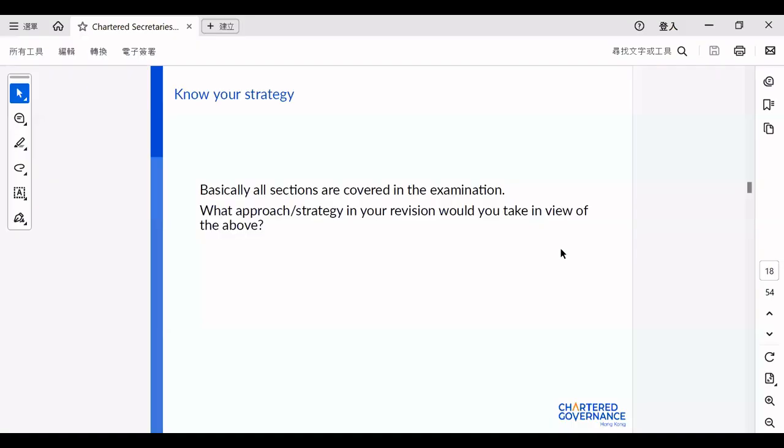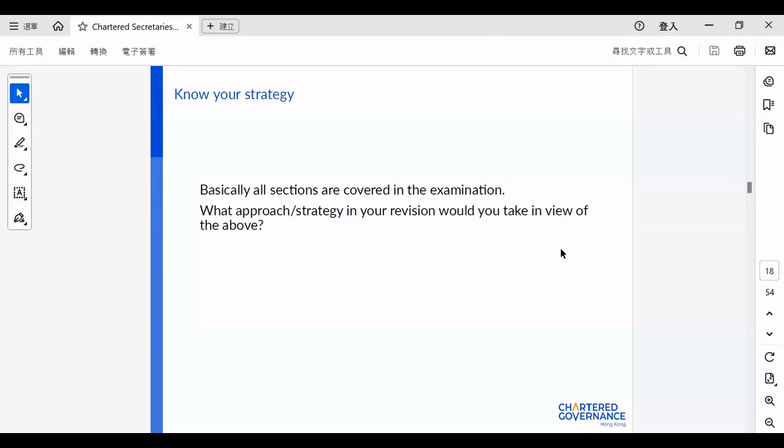So, can you think of the reasons why it is not a good strategy to skip some of the questions, some of the topics in your answers? In your revisions. I mean, why is it a bad idea to skip some of the topics?